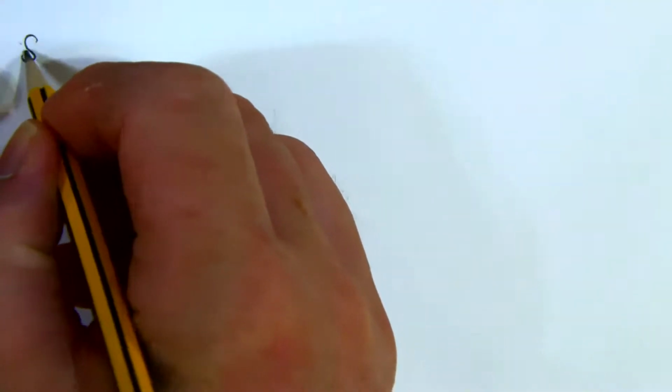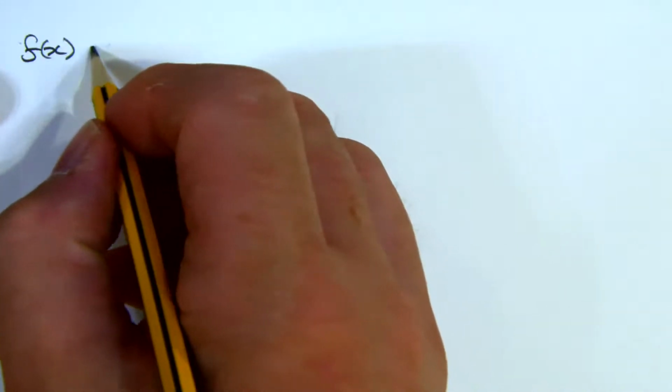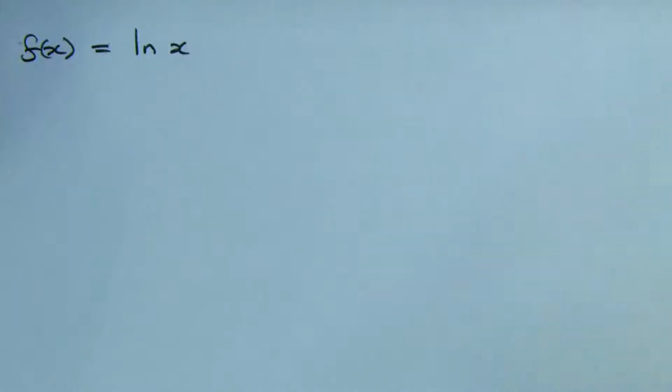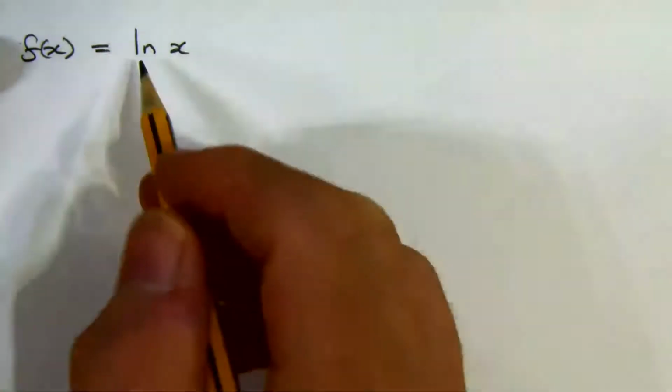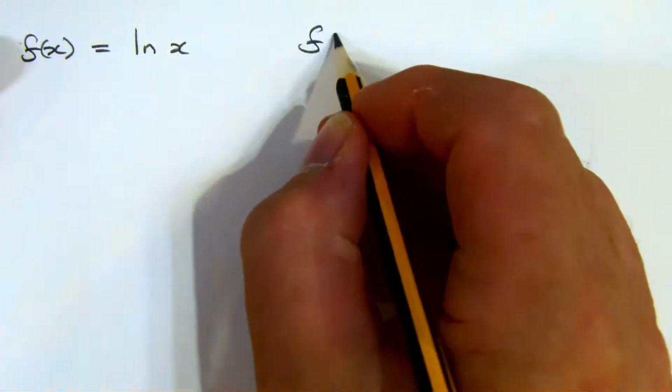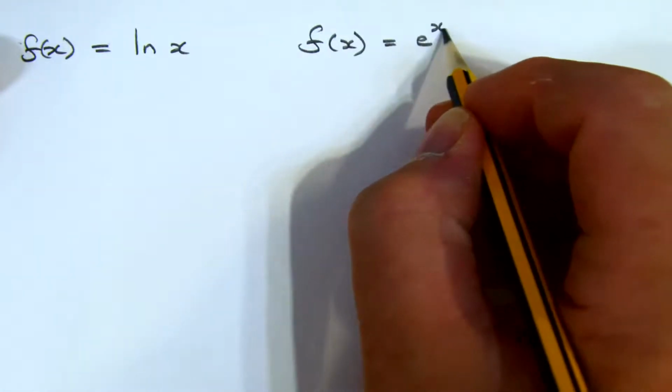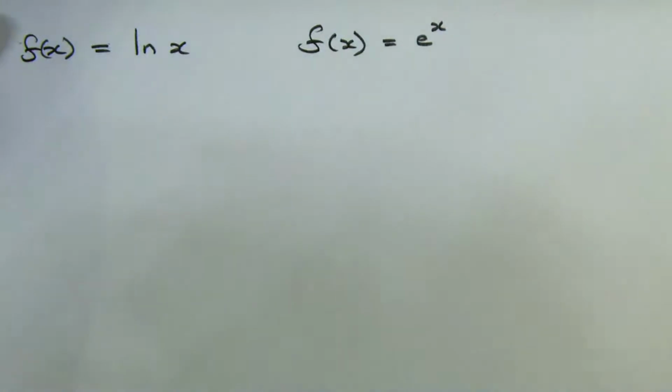Basically, we're going to try and have a look at how we're going to differentiate some sort of function of x that's going to be ln x. So we're going to try and work out how to differentiate this function, and we're going to try and work out e to the x as well from first principles.